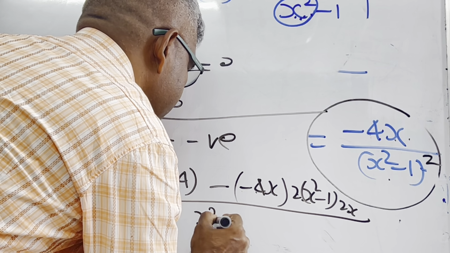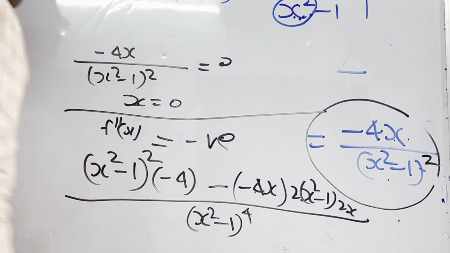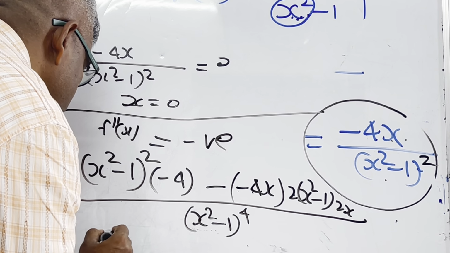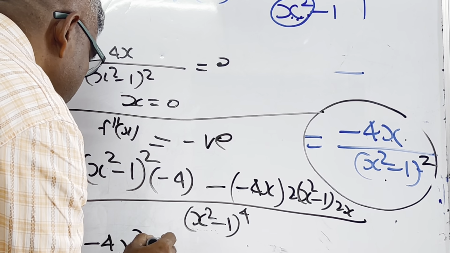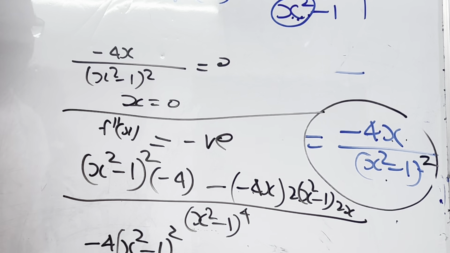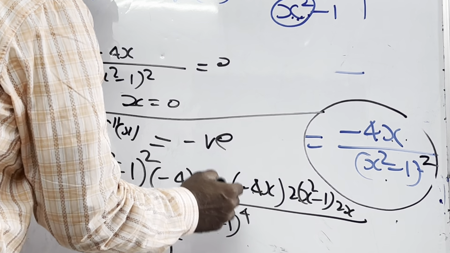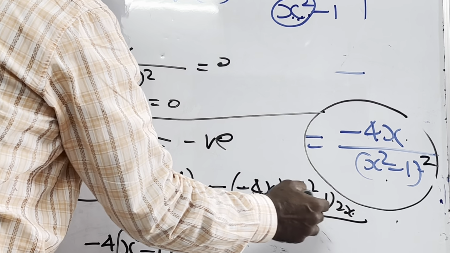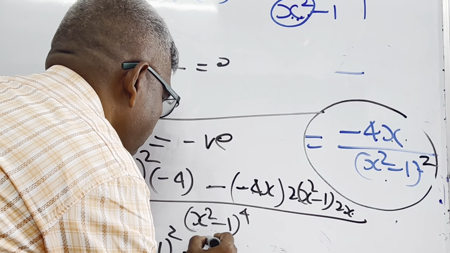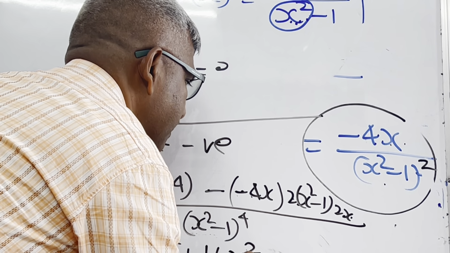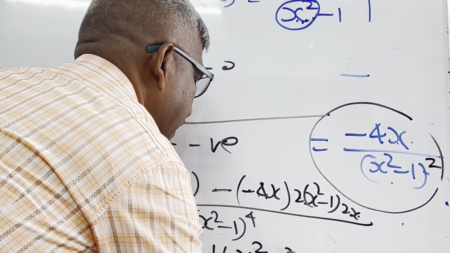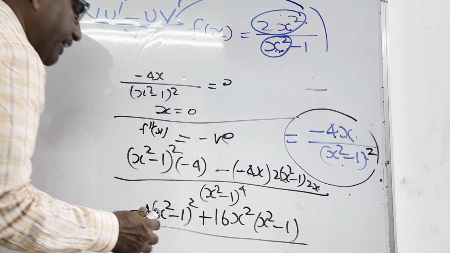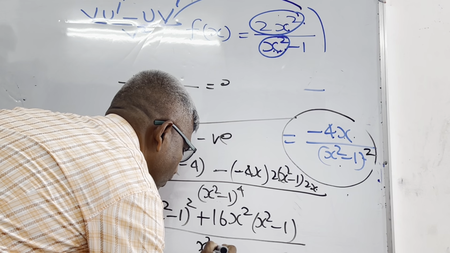So minus 4 times x squared minus 1 square, minus minus will be plus 4x times 2 times x squared minus 1 times 2x, which gives plus 16x squared times x squared minus 1, over x squared minus 1 to the power 4.